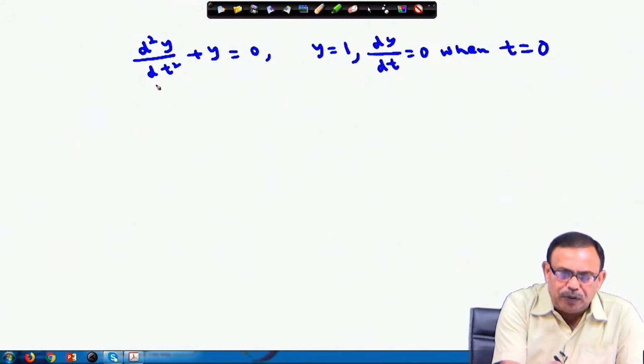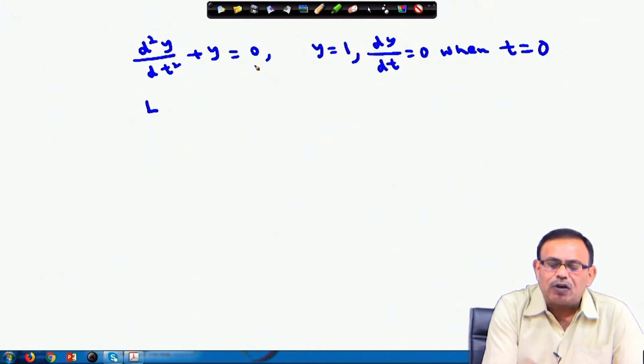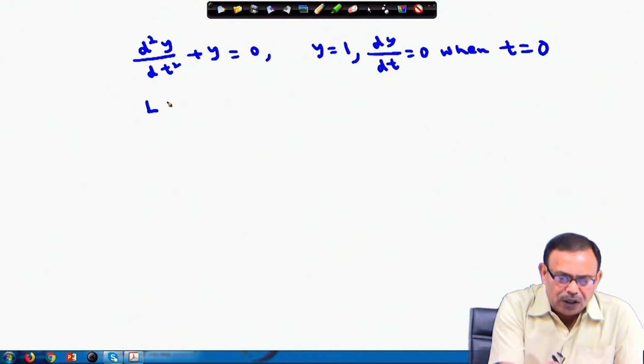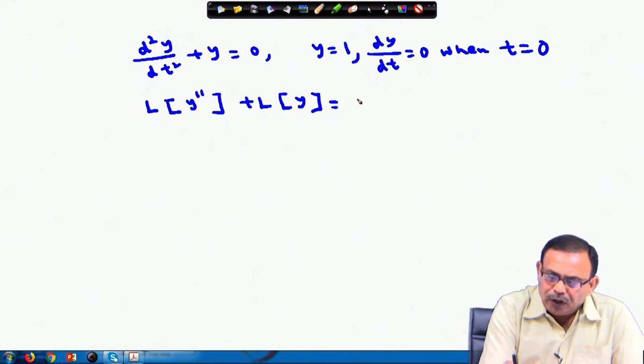So, what will I do? I will take the Laplace transform on both sides of the given equation. First, I have taken a constant on the right hand side of the given ODE. Afterwards, I will take a function of t on the right hand side. In this way, we will solve various types of problems. So, Laplace transform of y double dash plus Laplace transform of y equals 0, taking the Laplace transform on both sides.